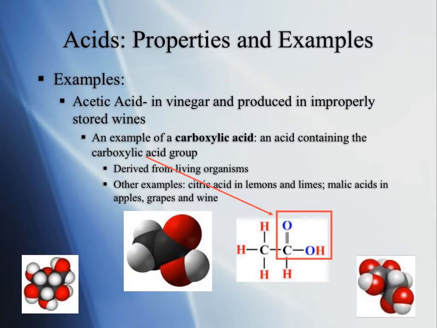We have acetic acid, which is an acid that we use oftentimes in cooking and preparing foods. Vinegar is a common name for acetic acid. So anytime you're using vinegar in a recipe, or if you look at the ingredients, like for example ketchup and mustard, they use vinegar to make those products.